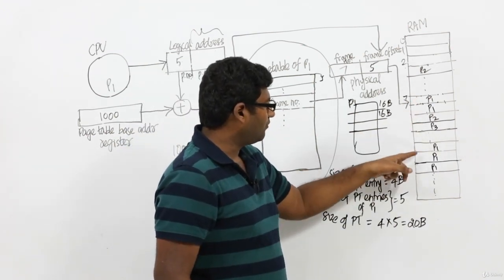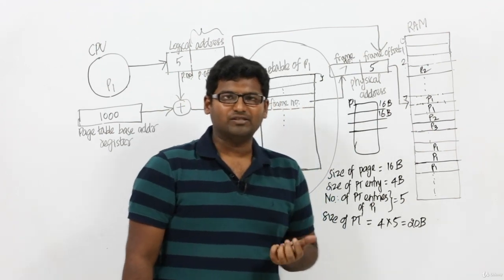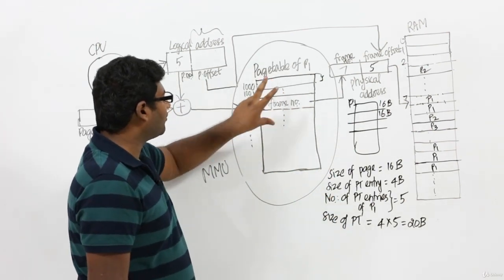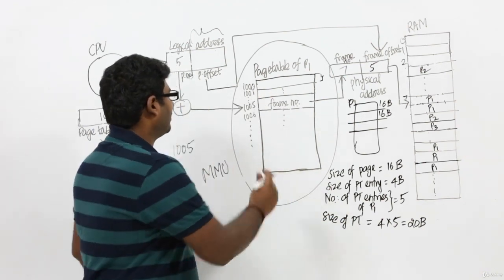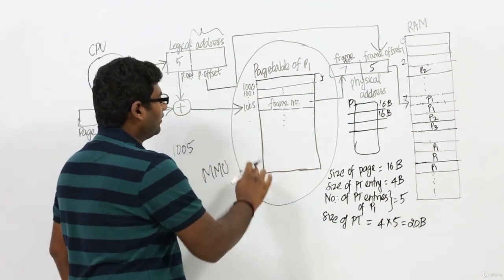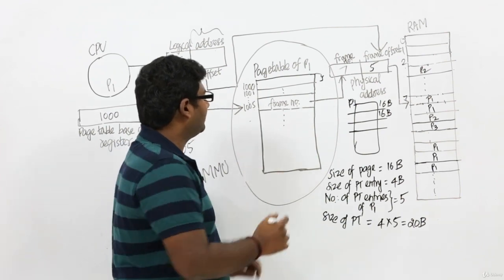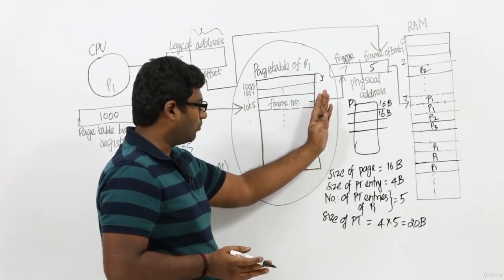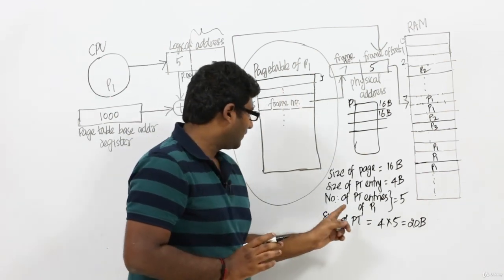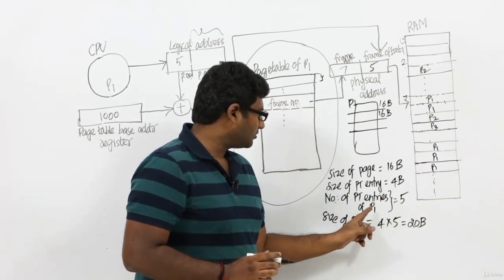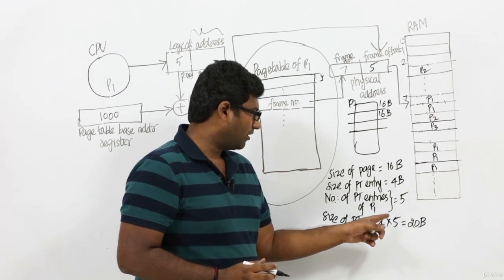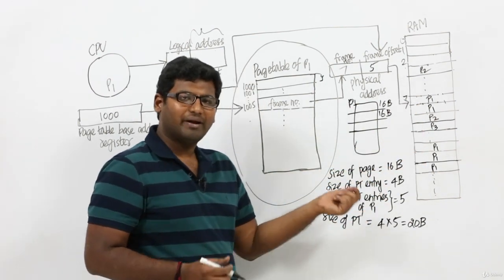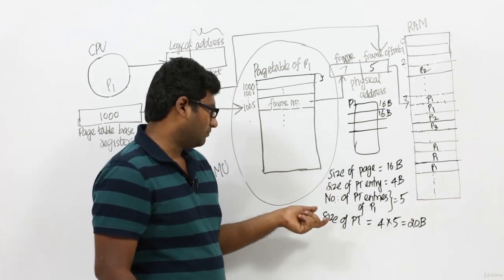Don't go by this table in the diagram; assume there are exactly 5 entries in the page table of process P1, because for every page we maintain an entry in the page table.